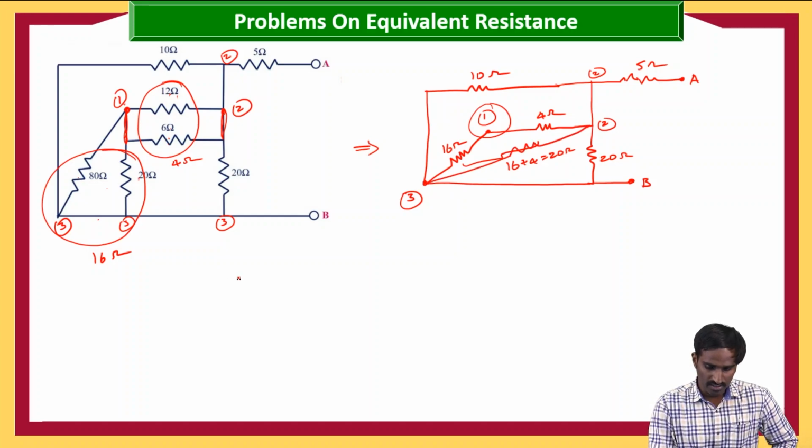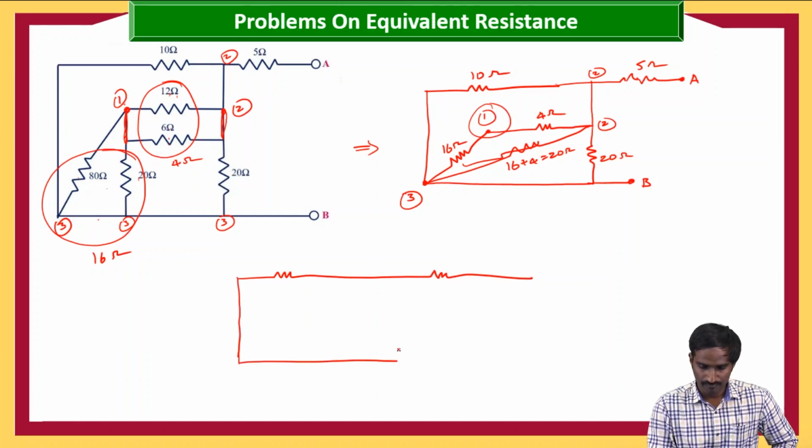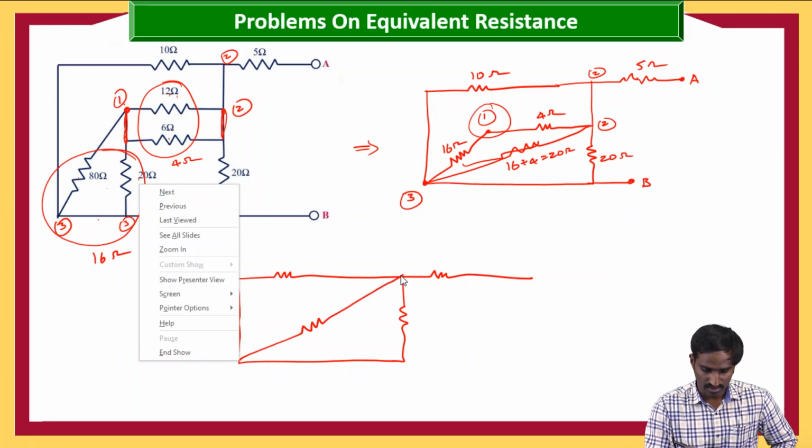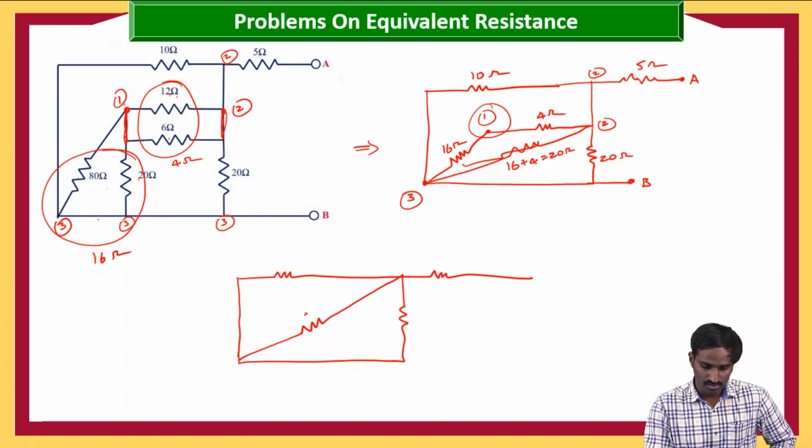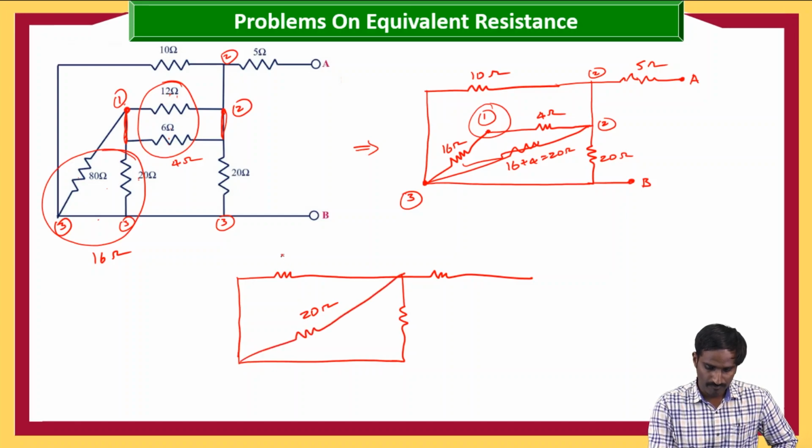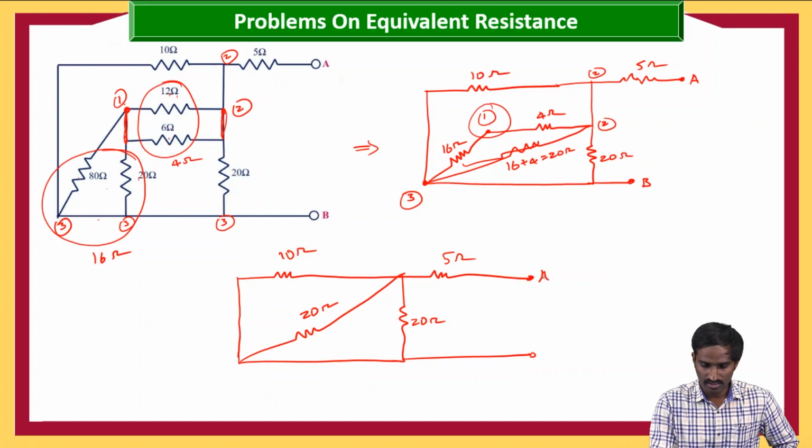Then the 10 ohms is as it is, and the 5 ohms is as it is, and in between you are getting one more resistor like this. So here it is 20 ohms, here 10 ohms, here 20 ohms, here 5 ohms, and then A and B.